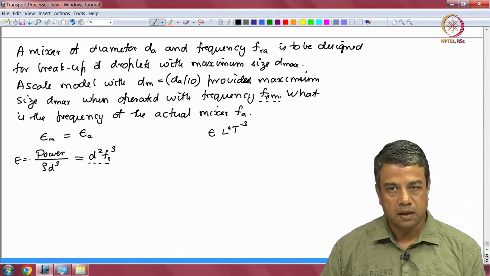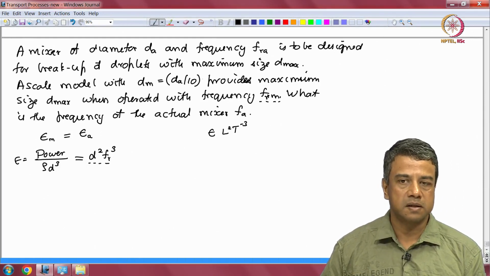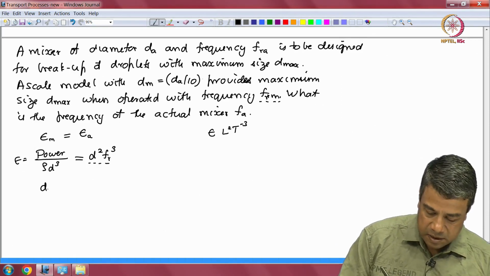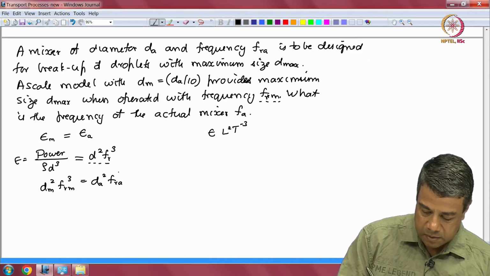That means that if I have to keep the energy dissipation rate per unit mass constant between the actual reactor and the model reactor, then dm squared Frm cubed is equal to dA squared Fra cubed.